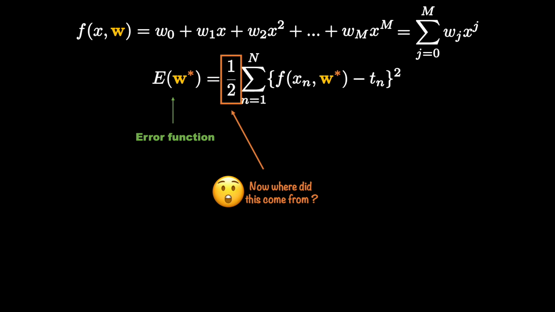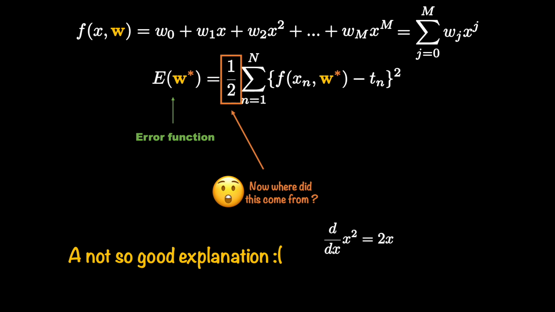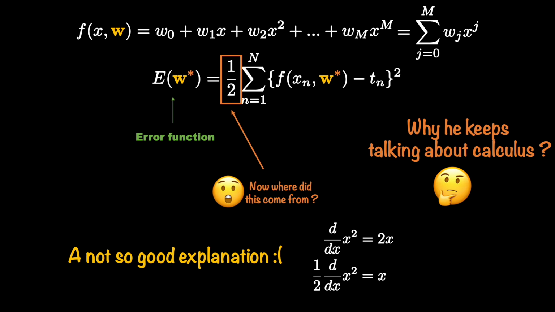Essentially, after plugging in the scaling constant of half, when we do calculus, it would go away, because the differentiation of something quadratic looks like this. So if I take a scaling factor of half, it would cancel the 2 that you will get after the differentiation. But why all this talk of derivative calculus in the first place?